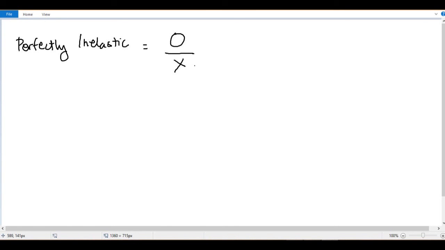It can be 1, 2, 3, 4, 5, 6, 7. It's actually more than 0. The denominator is more than 0 and the numerator is 0.